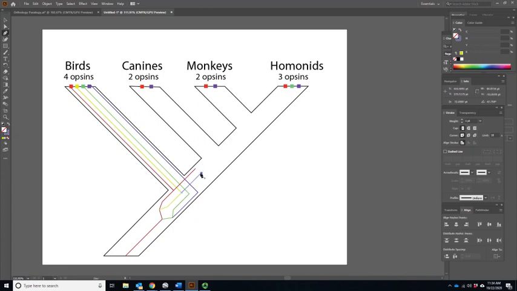We maybe just have to change it back to yellow. Yeah, it just seems to want to be purple. Let's make it yellow. Okay. There we go. And then we're going to have our green one here.